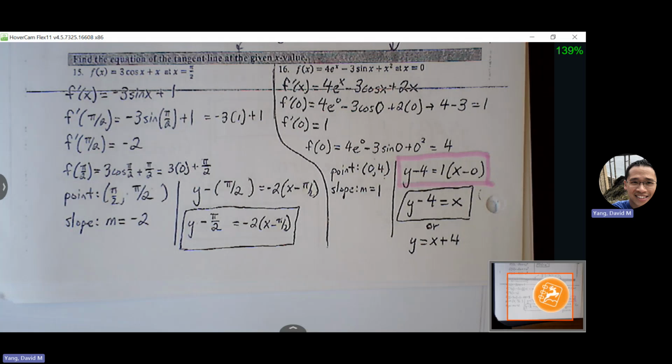We need the y value and we need the slope. e to the x stays e to the x, sine becomes cosine, x squared becomes 2x. 0 is going to clean a lot of things up for us. We get a slope of 1, ordered pair of 0, 4. You can leave it in any of those variations. Those are all fine. You leave it in point slope form.